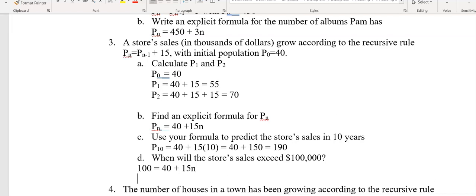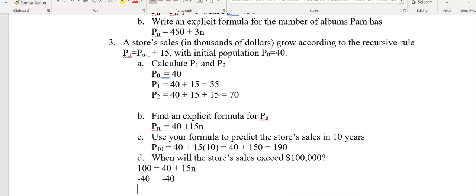All right, so this is where we have to remember how to solve equations from earlier algebra courses. Let's remember we want to get n by itself, and to do that we always get rid of what is out to the side first. So since this is a positive 40, we're going to subtract 40 from both sides of the equation to get rid of it.